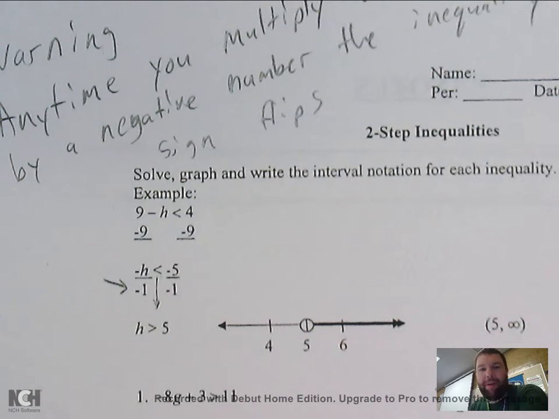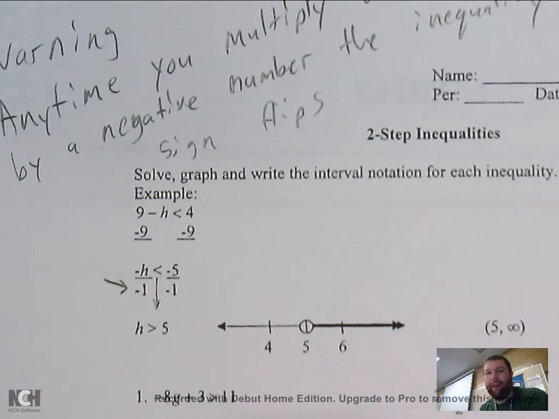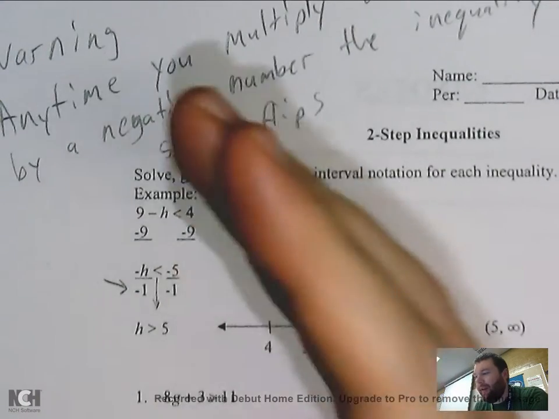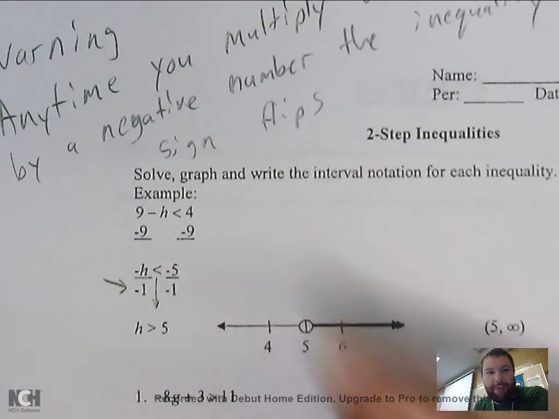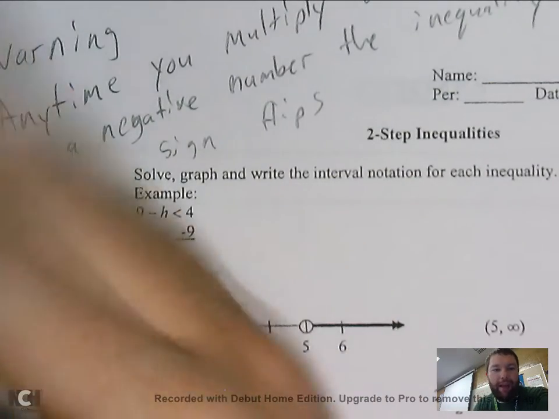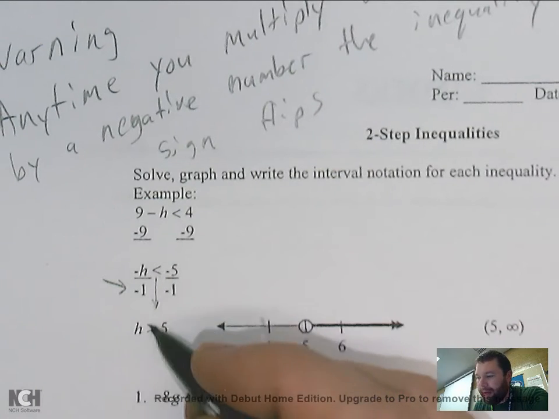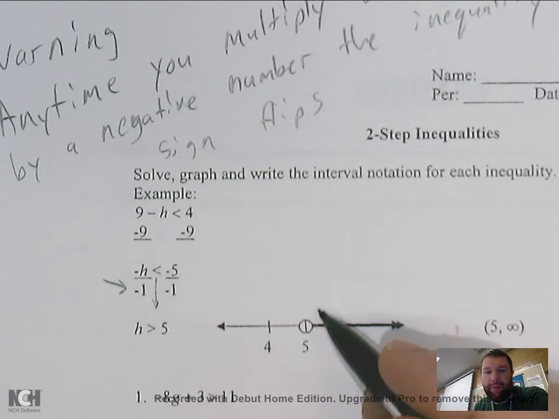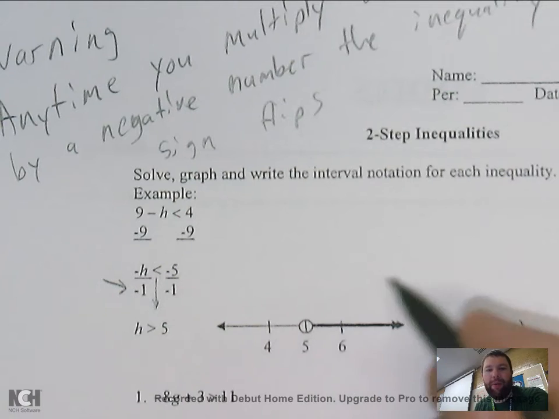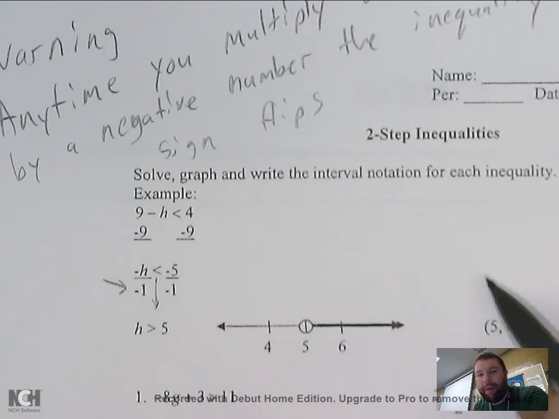And then when you're graphing and writing interval notation, that's the same as what we talked about last time. Just a reminder, the alligator always eats the biggest number. So here it's saying h is bigger than 5 because it's eating the h. When you did your open circle, because it's a regular inequality symbol, your arrow should be going to the right, to all the numbers bigger than 5.